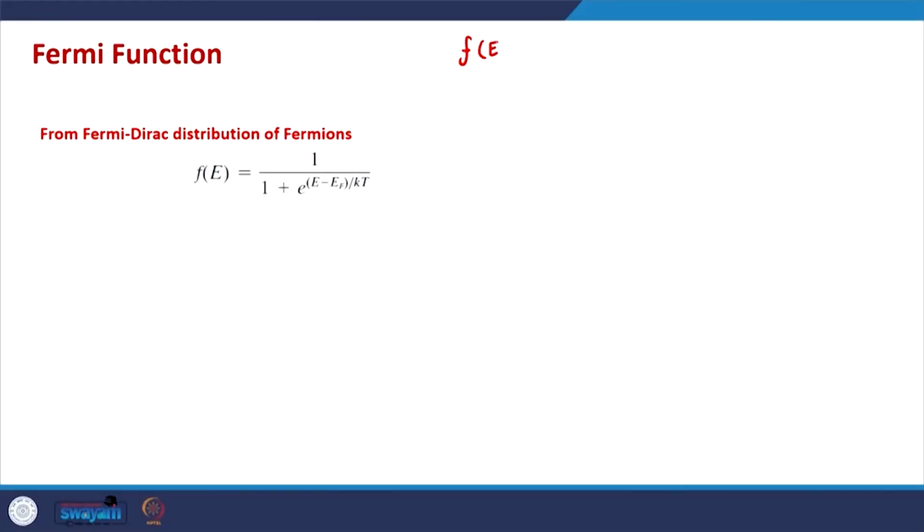Mathematically, the Fermi function is a function of energy, given as 1 divided by e to the power E minus E f divided by k T, plus 1. This is how the electrons will be distributed in the system.